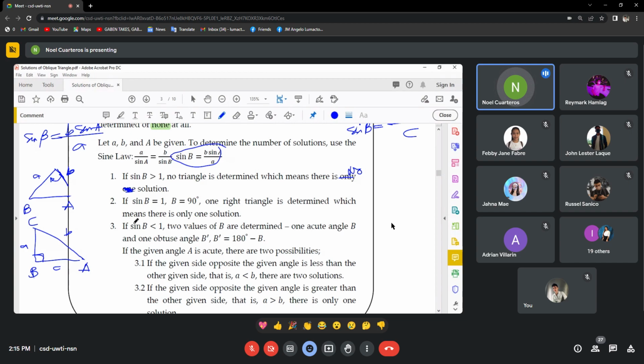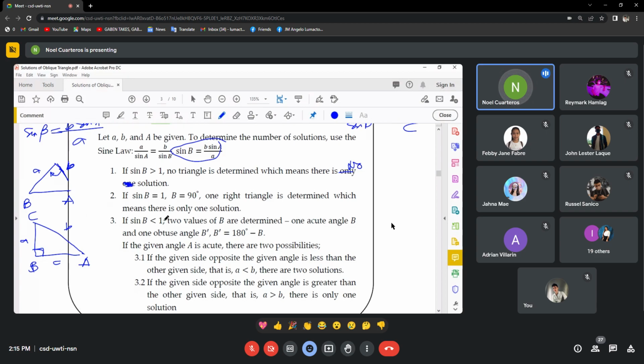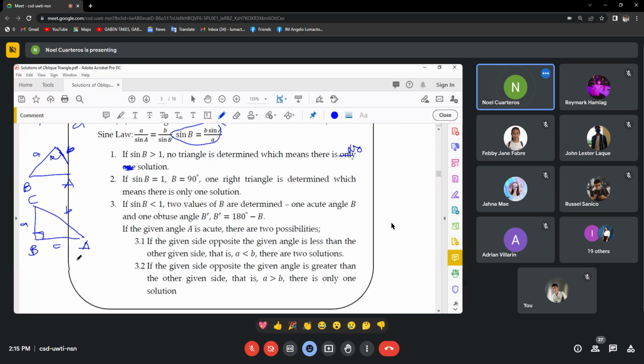When our sine B is less than 1, two triangles are formed. So duha ka triangle na kung ma-form niya. One of these is an acute angle and the other one is the obtuse angle. So example, mao ni siya.